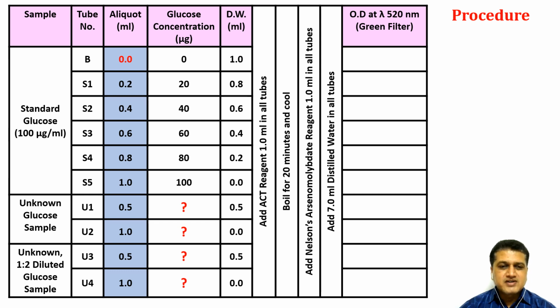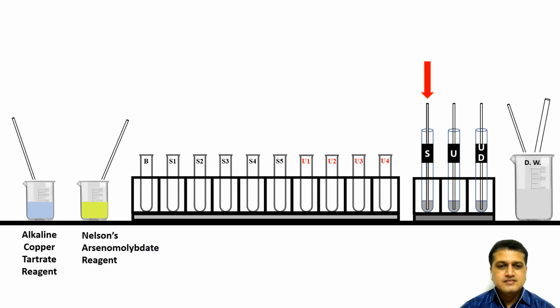Now take different aliquots of standard, unknown and unknown diluted samples of glucose. First, pipette in standard glucose solution using 1 ml glass pipette. Do not add glucose solution in blank tube.